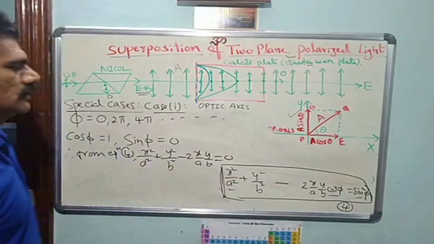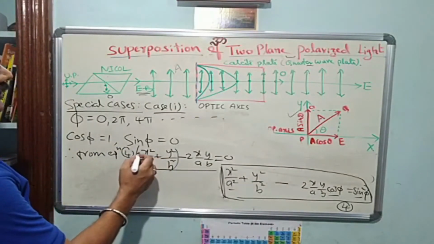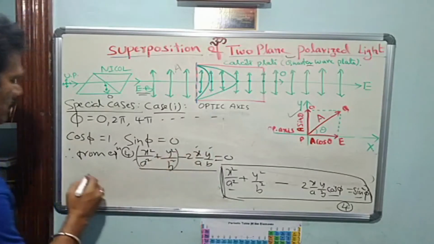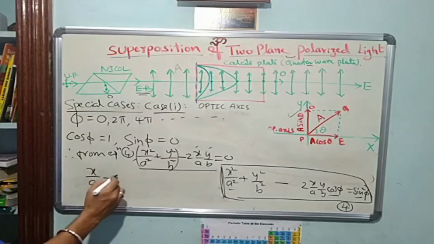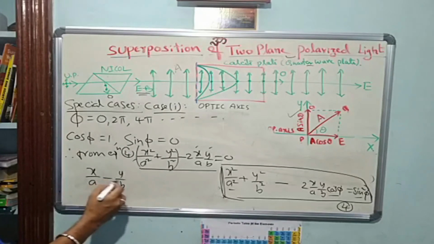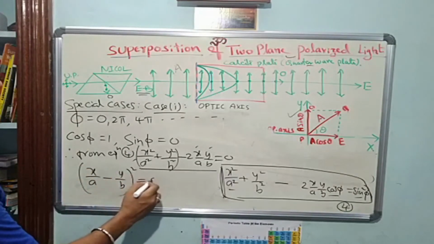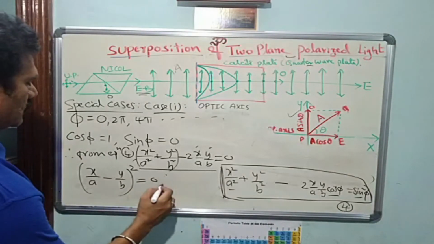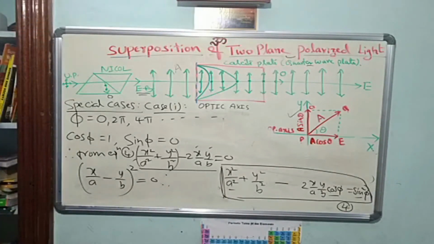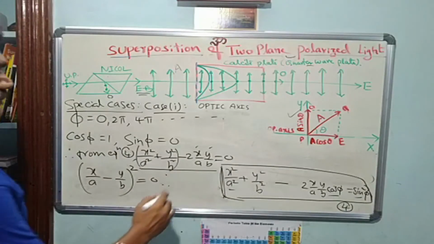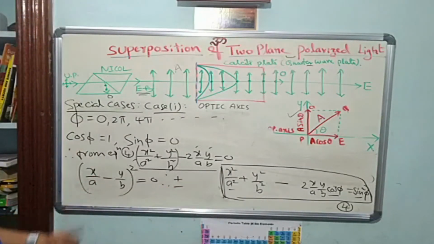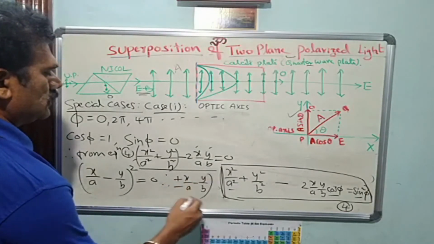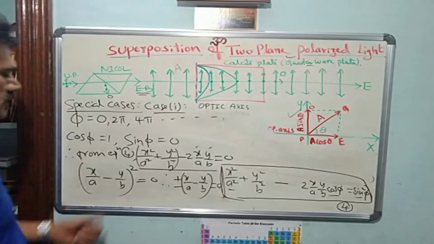So as per this equation, look at it. This is again in the form of a square plus b square minus 2ab, correct? So you can write it in that form, that is x by a minus y by b whole square. Therefore, x by a minus y by b should be equal to 0, either positive or negative, plus or minus, because it is squared.